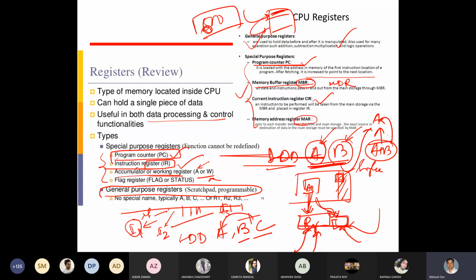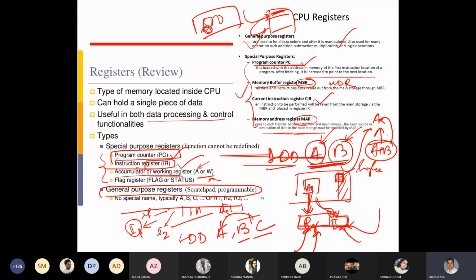So this is one point we would like to mention. The second is the main memory address. Prior to each transfer between your MBR and main storage, the exact source or destination of the data in the main storage must be specified by the MAR. Gradually you will understand this point after discussing it. Remember, at this point everything will be loaded in the MBR or MDR.